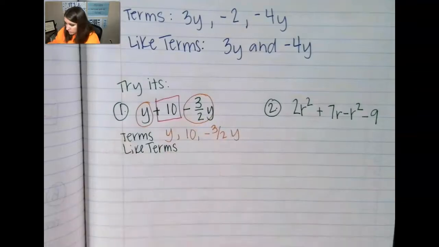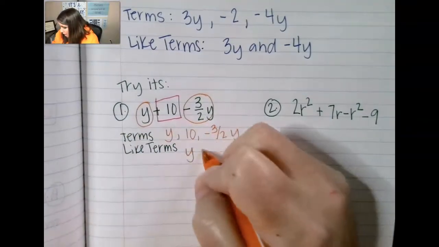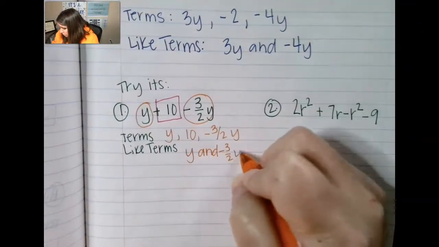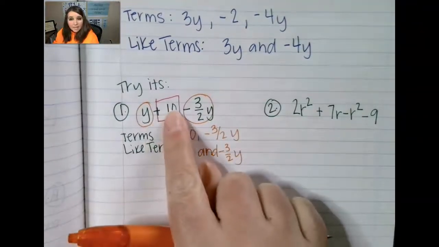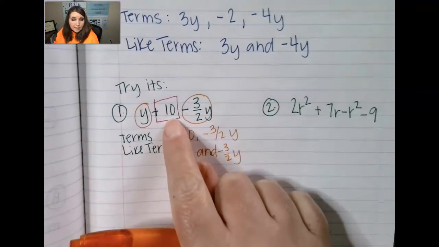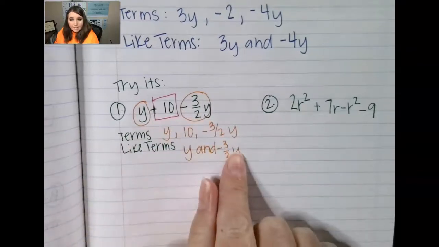The like terms are both the ones that have a y. So my like terms are y and negative 3 over 2y. It is not the 10. The 10 is not the same because it is a constant and it doesn't have a y attached. Only one set of like terms.